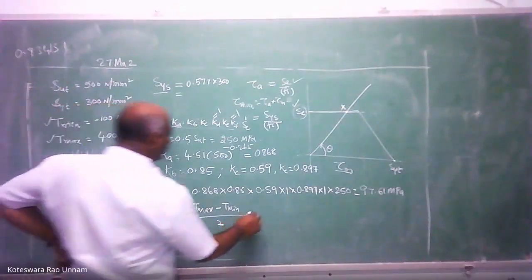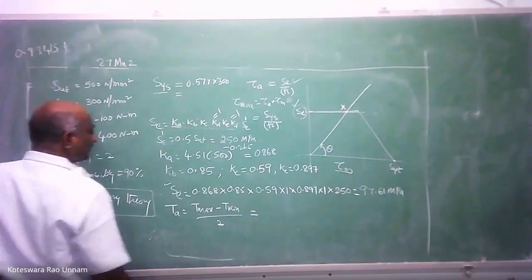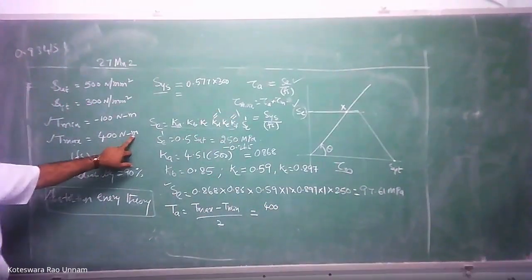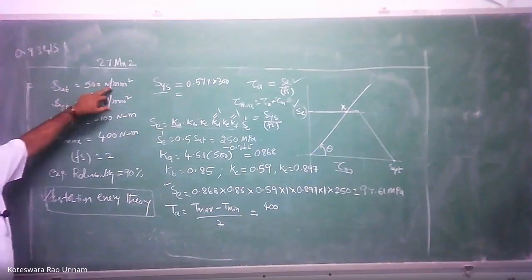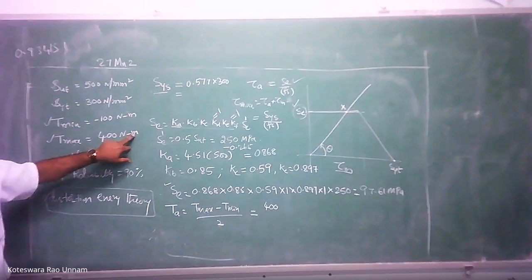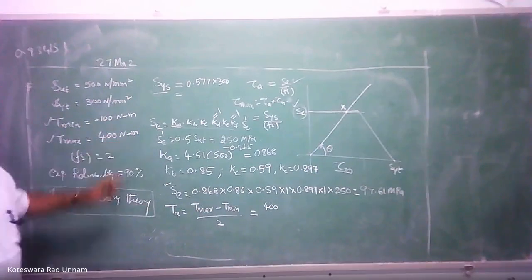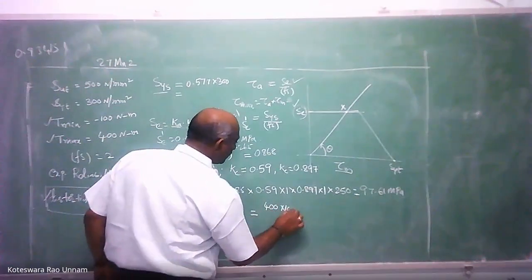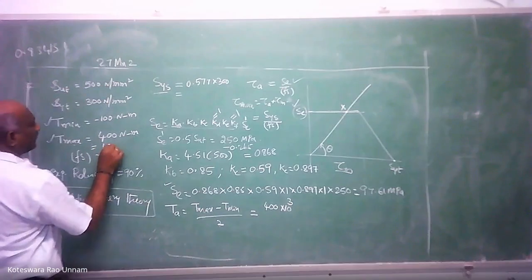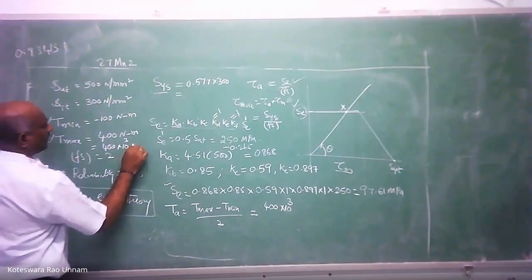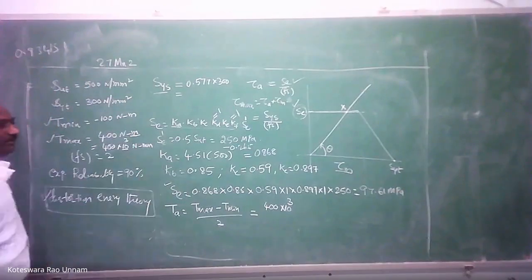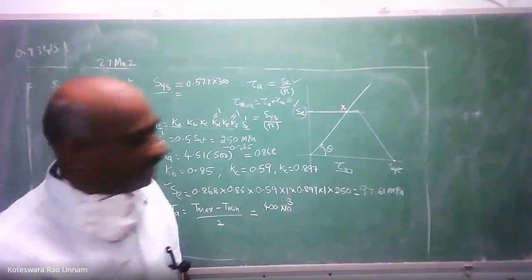T max is given as 400. Of course, see here it is in Newton meter, but all your other values are in terms of Newton per mm squared, so I need to convert this into mm. 1 meter is equal to 10 power 3 mm, so I need to multiply by 10 power 3.